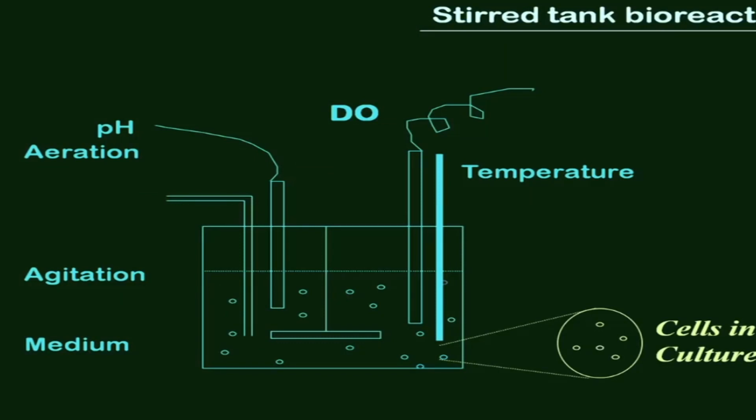The first one that we are going to look at is called the stirred tank bioreactor. In fact, this is pretty much the workhorse of the bio industry. Many industries use this stirred tank bioreactor. As the name suggests, it is a tank which is represented by this rectangle here. It is actually cylindrical in reality.